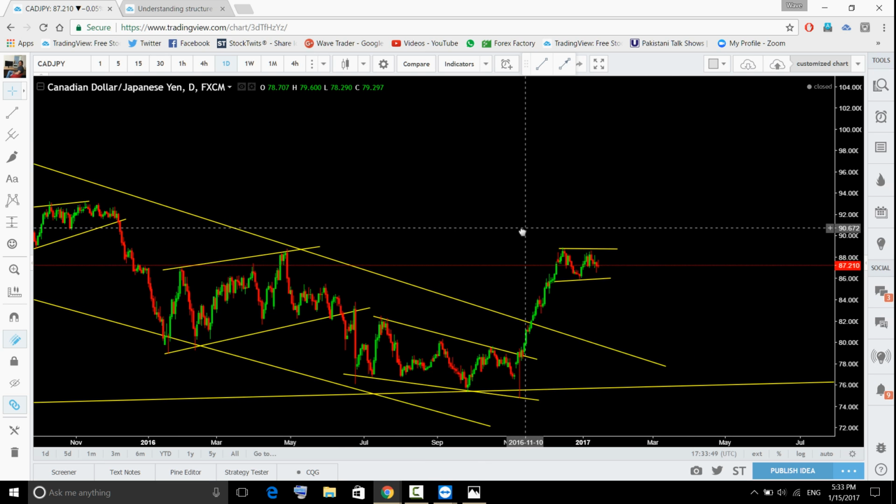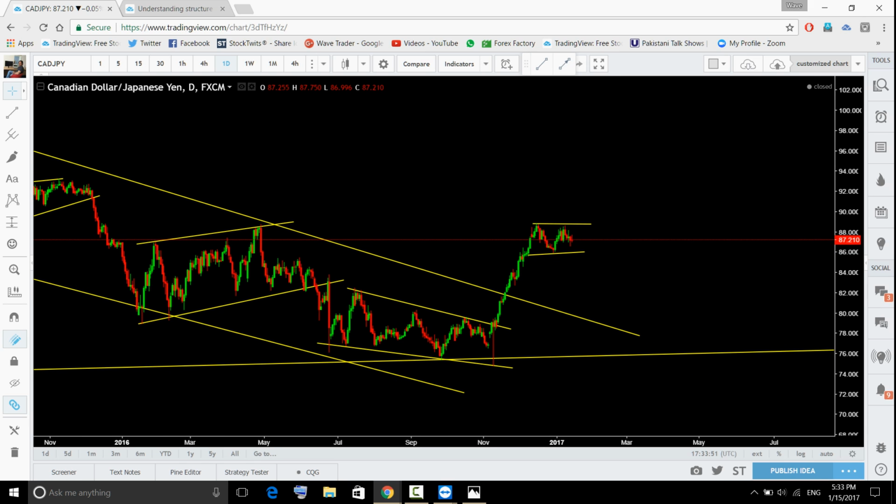If price continues, or yen is going to be weaker across the board, and all these trend continuation patterns continue in one direction, then we need to watch for a clear break or clear impulsive move.